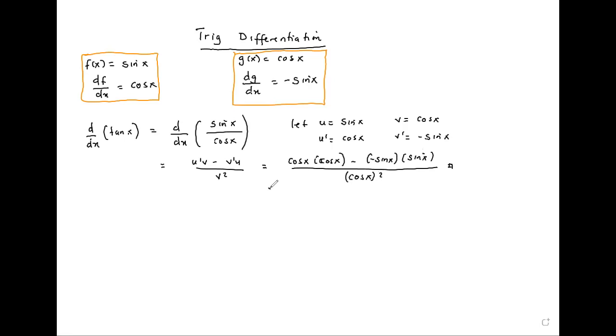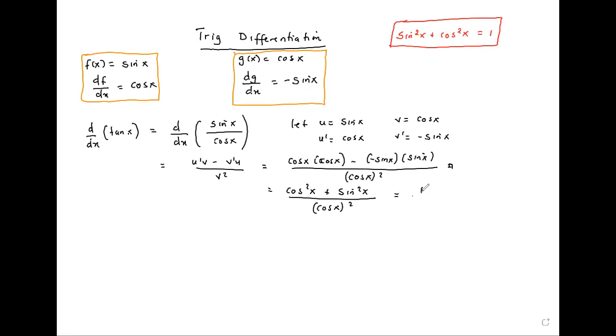The top is cos squared, and minus minus is plus, sine squared, over cos squared x. If you remember very well, we said that if you know this identity, then your life in mathematics, as far as trig is concerned, is stable.